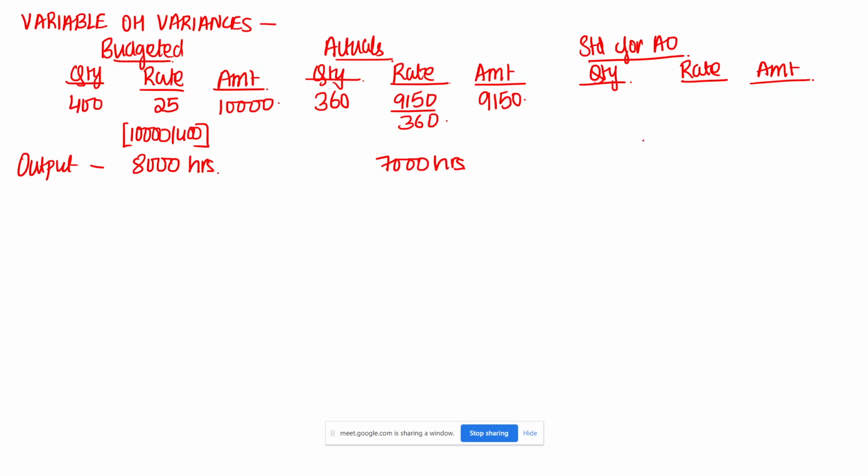For 7,000 hours, the quantity that we should have made in 7,000 hours is 400 divided by 8,000 into 7,000, that is equal to 350, right? Rate being the same, 25.